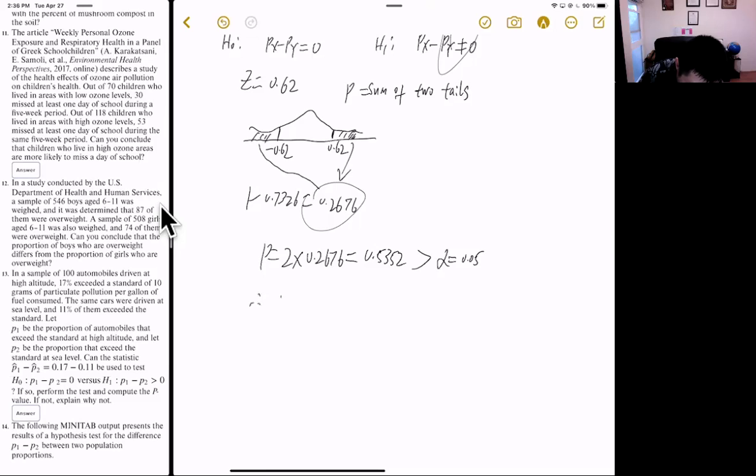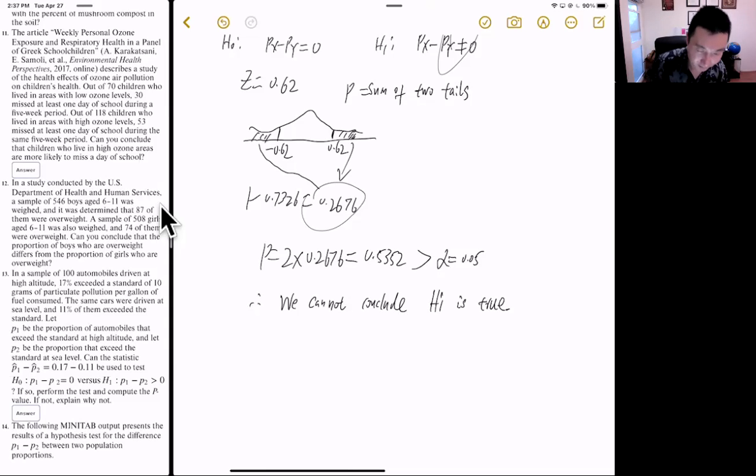When the p-value is larger than alpha, normally 5%, we cannot conclude H1 is true. So we cannot conclude the proportion of boys who are overweight differs from the proportion of girls who are overweight.